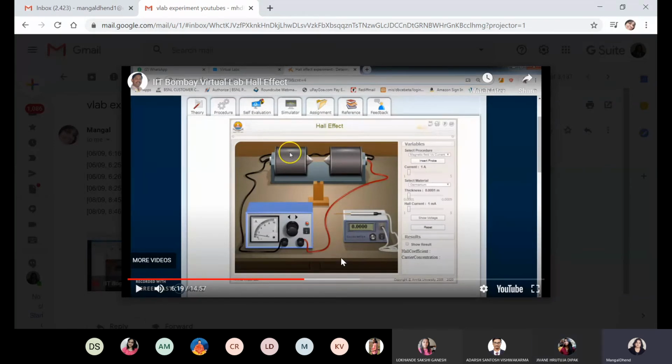Okay. Ma'am, in the updated version of Google Chrome, they are saying that the Flash Player policy has been renewed and we can't open it. Oh, that was from December. You downloaded the updated version of Chrome, so use the previous version, because from December this Flash they will not allow.